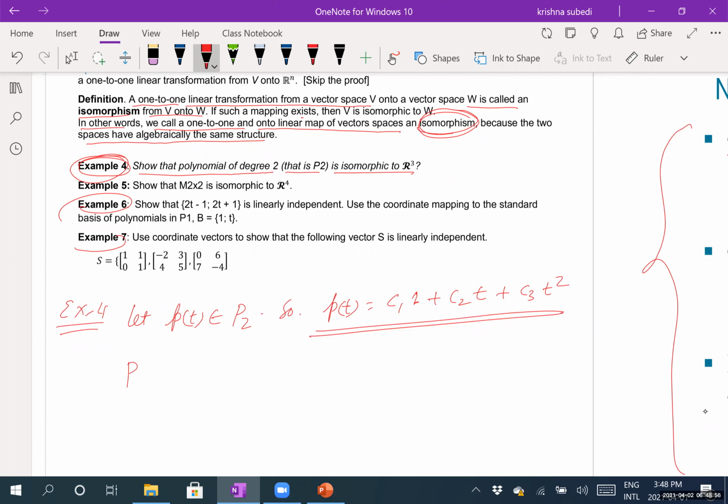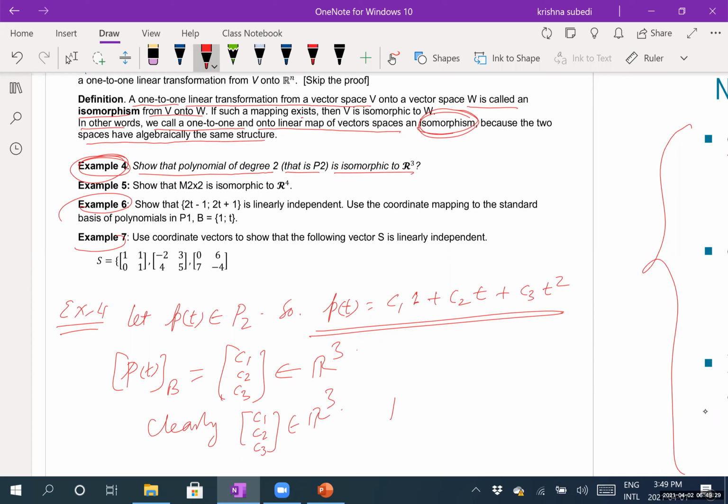Now, if you want to find the B coordinate of P, all you need to do is write C1, C2, C3. Okay, that's it. Now, where does this belong? This belongs to R3, right? So clearly, any vector of this form, C1, C2, C3, belongs to R3.